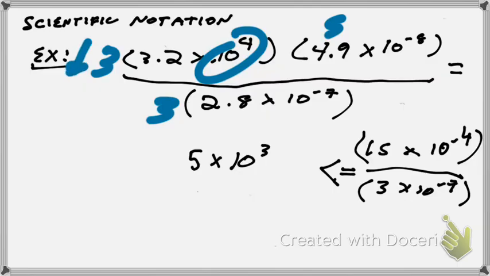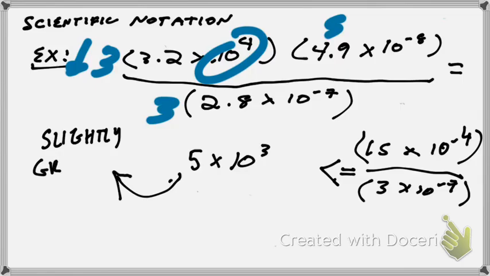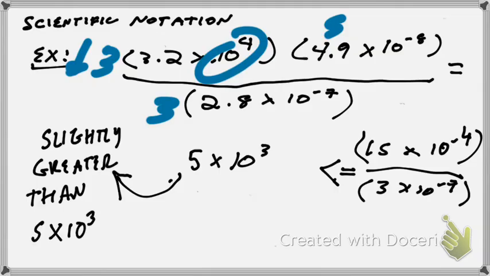So our actual answer choice might be something slightly greater than 5 times 10 to the 3rd. It might be something like 6 times 10 to the 3rd.